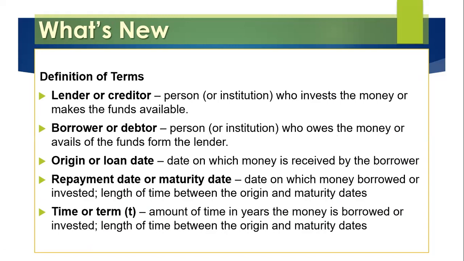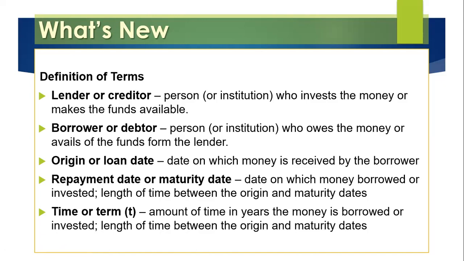So origin or loan date, okay? Yun yung pinagsimulan or kung kailan humiram ng pera. Repayment date or maturity date. Pag may pinag-usapan kayo kung kailan niya babayaran, that is the repayment date or the maturity date.